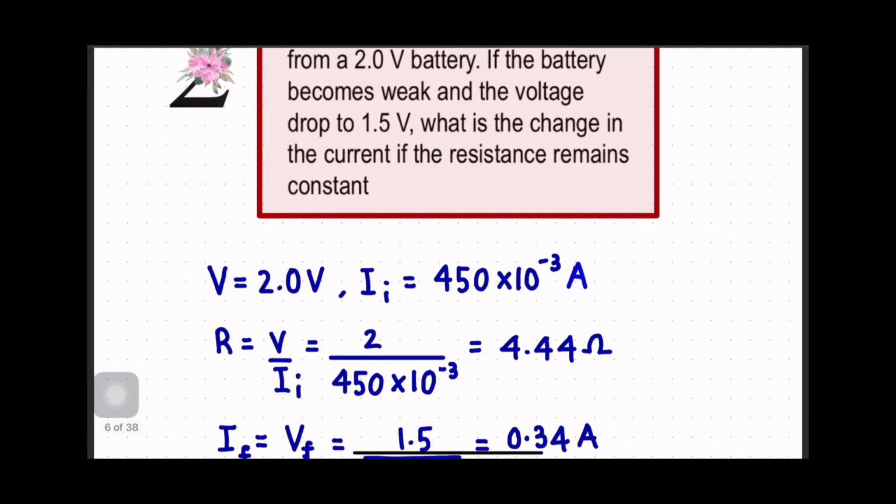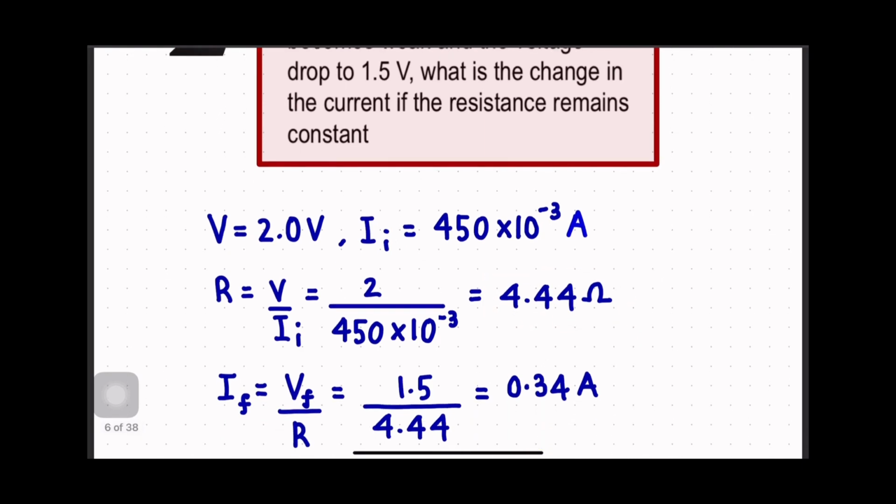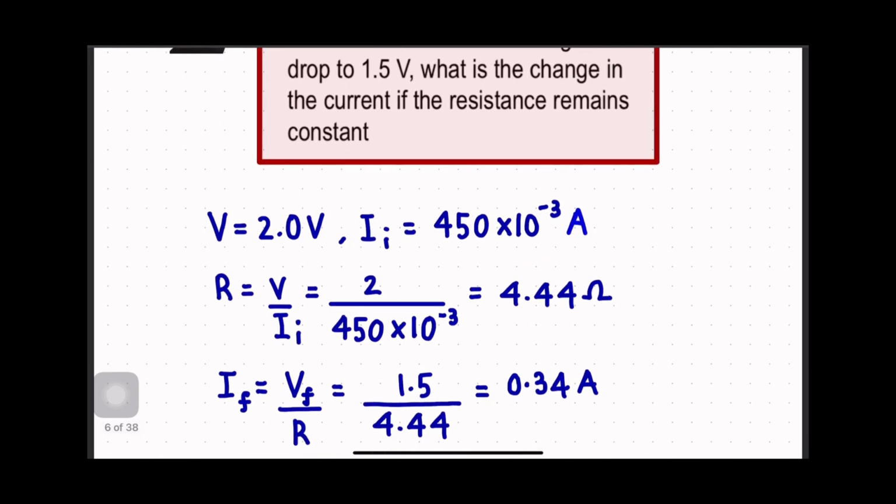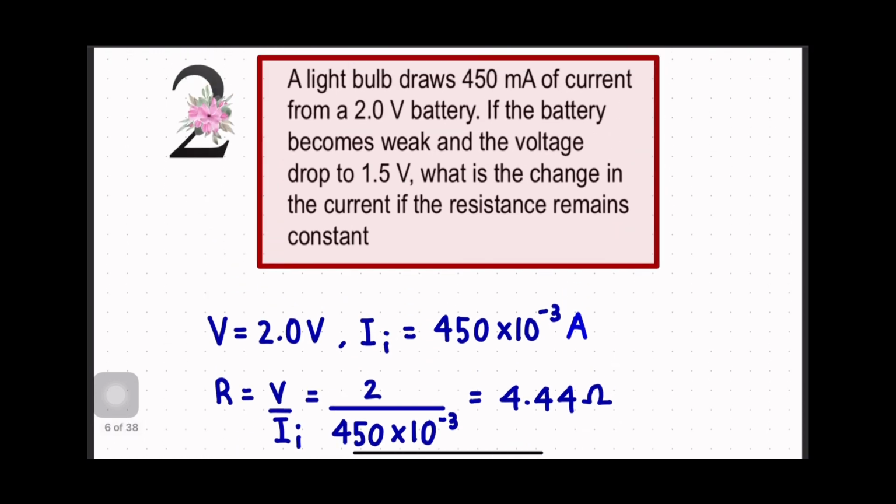Resistance is equal to V over I initial. So we get resistance is 4.44 ohm.